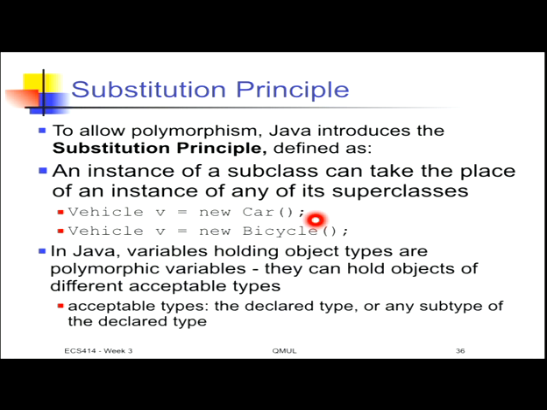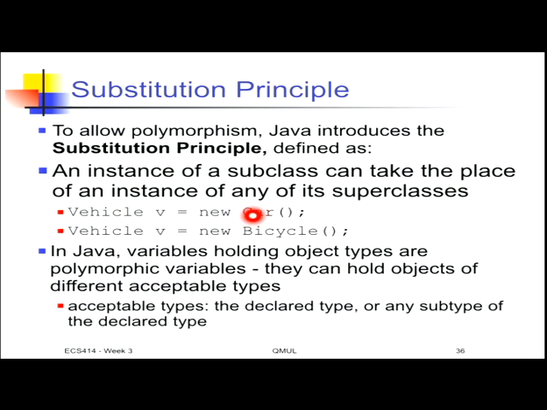Yeah. Now let's apply the substitution principle. Here the substitution principle says that an instance of a subclass can take the place of an instance of any of its superclasses. So here we should have a vehicle, but car would be an instance of a subclass of vehicle.